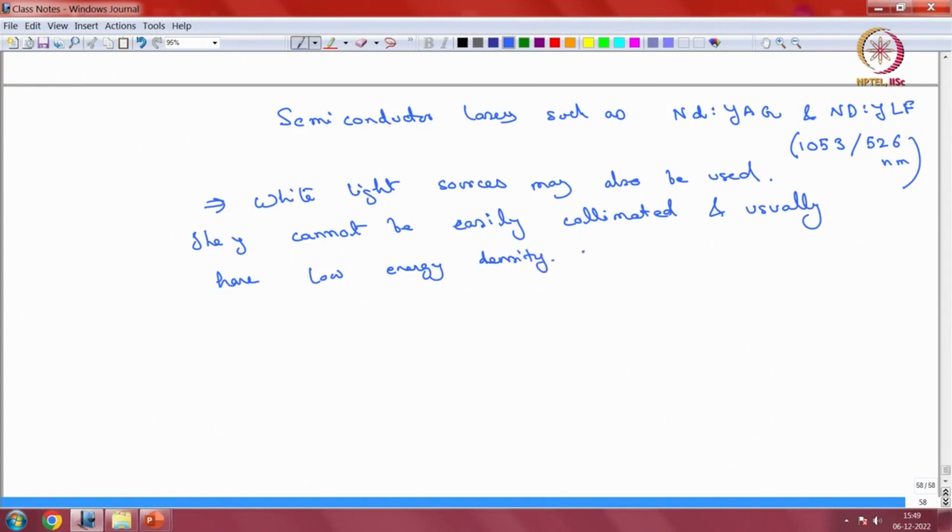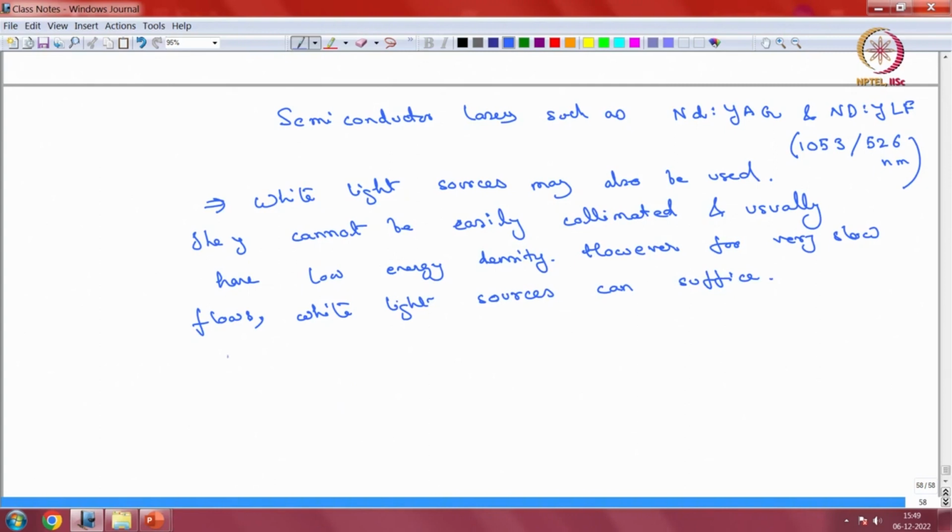However, for very slow flows, white light sources can suffice.